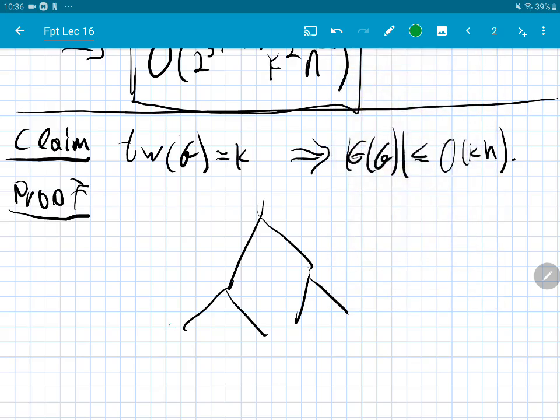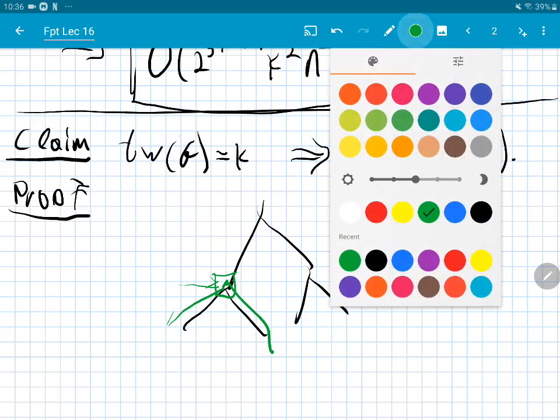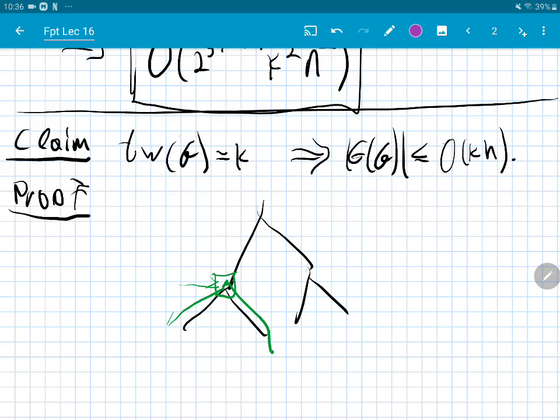Every vertex now corresponds to a subtree, and for every subtree, just take the node closest to the root. That would be the marker of this vertex, as we did before when we talked about the weight. When we do that, the key observation is that, consider the vertex with the marker that is furthest away from the root.